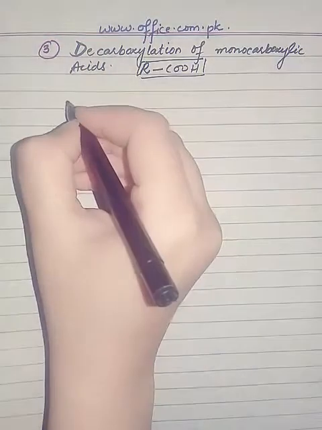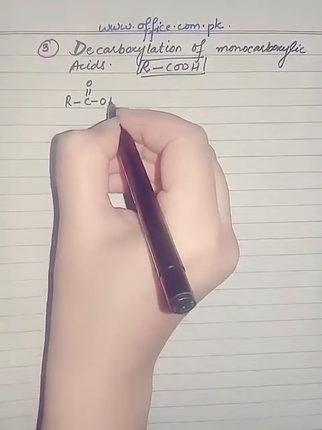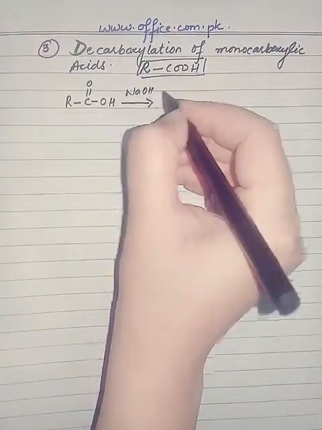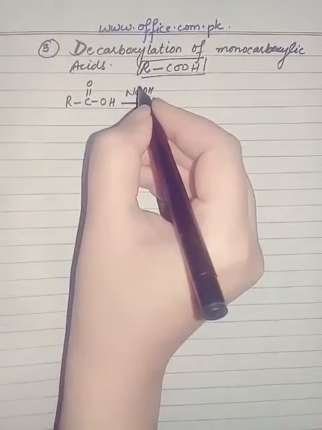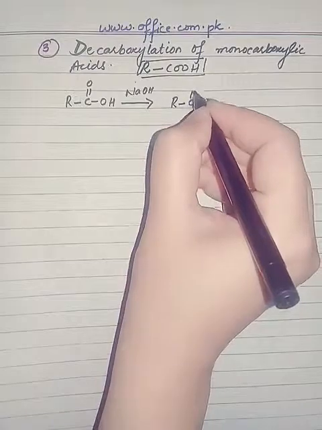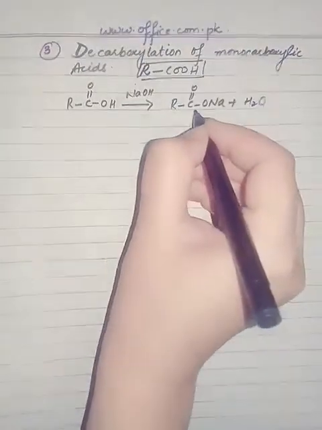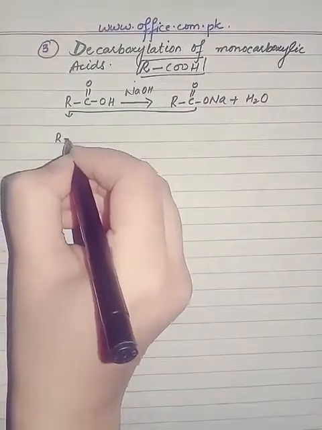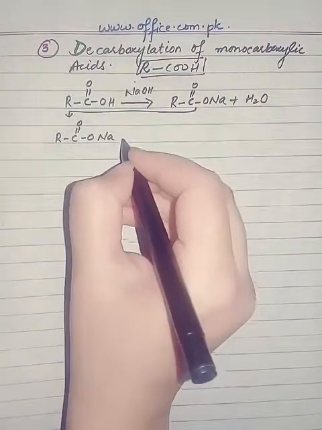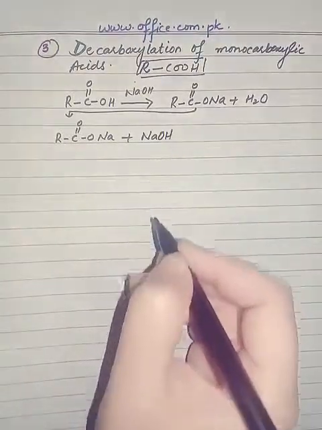For example, here, first of all, the general reaction. You will first change the acid by reacting it with sodium hydroxide. When you react a base with an acid, it will give you a salt and water. Now we will use this salt and react it with caustic soda again.